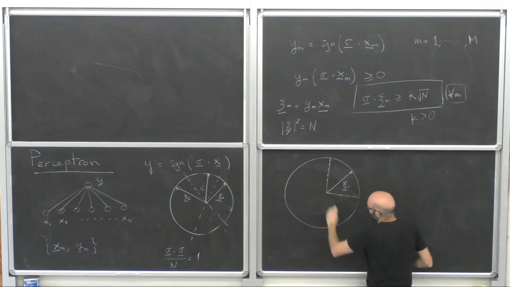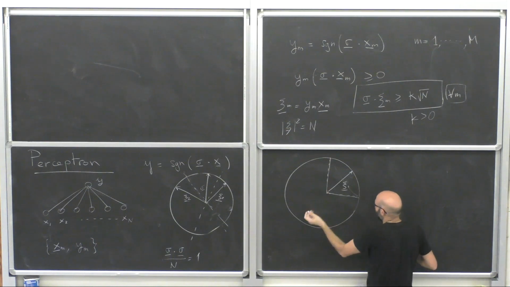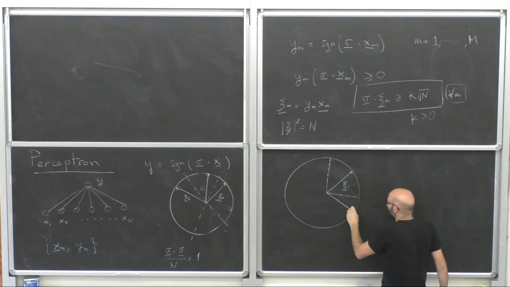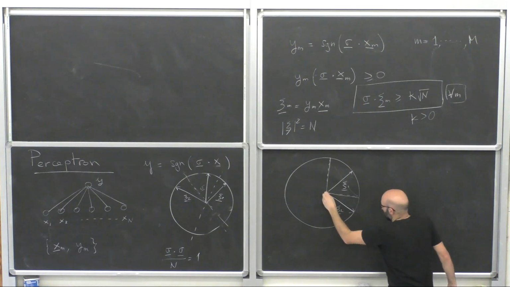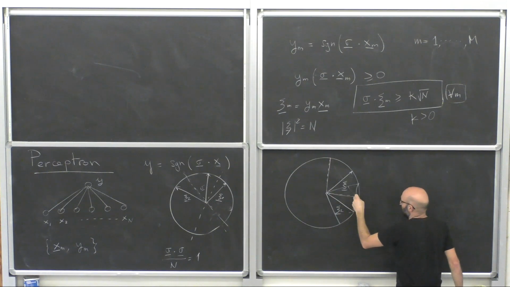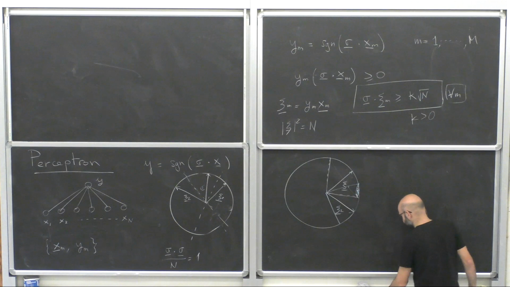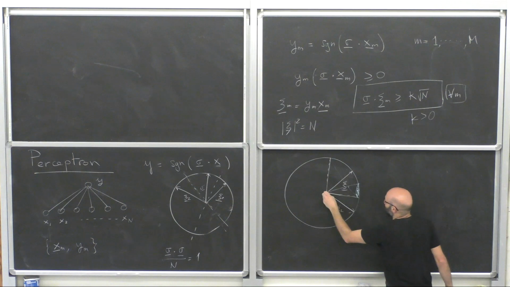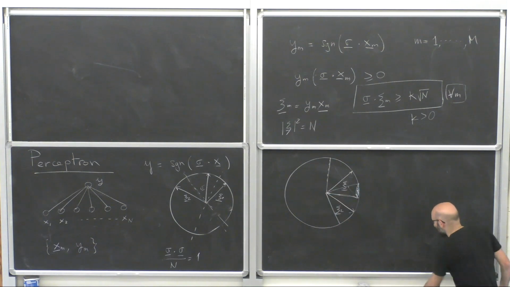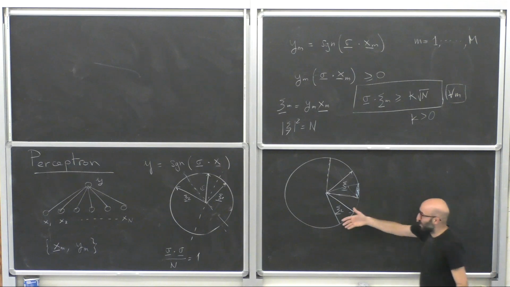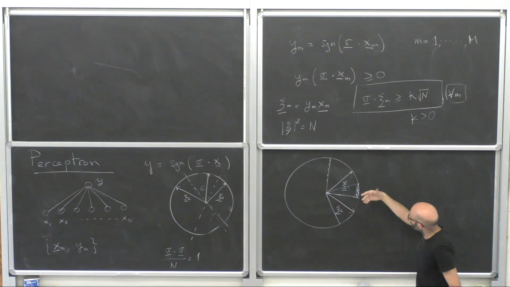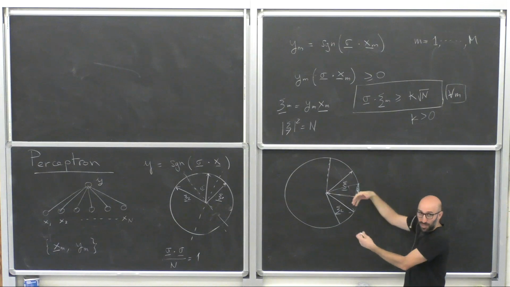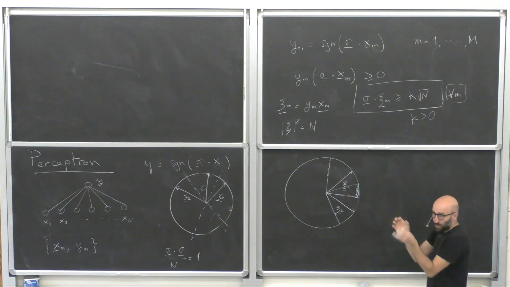Well, if it's like this, then it's over. I cannot solve the problem. If it is like this, and I have a second region, then I still have a region here that is the intersection of these two, right? Anyway, you see, whenever you add a new training point, you have to intersect this cone with the other ones, and so you have this region that becomes smaller and smaller.